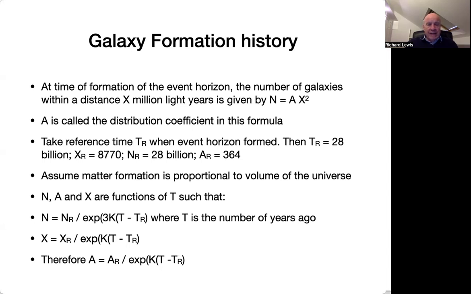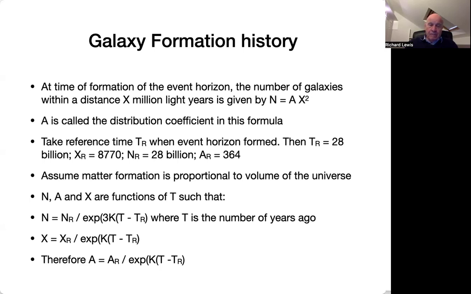And so we take a reference time, TR, which is when the event horizon formed. So at that time, XR is 8,770 million light years. NR is 28 billion galaxies. And AR, our distribution coefficient, is 364.